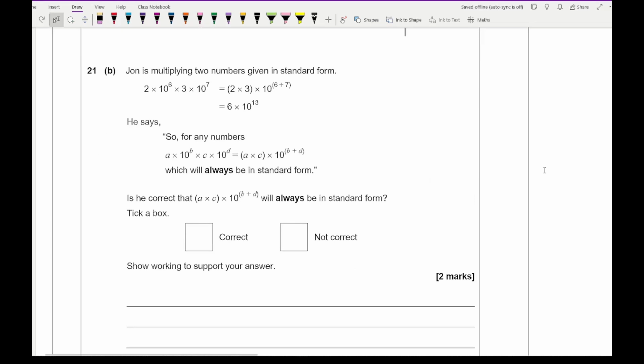It then says John is multiplying two numbers given in standard form. Is he correct in thinking that if I multiply the two base numbers, the A numbers, together and then add the powers... Adding the powers is fine, but the problem with this method, if you have practiced using this in your revision, is that A times C is not going to be correct, because A times C can be bigger than 10.